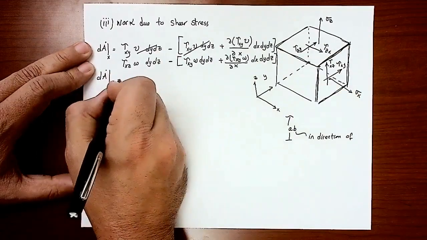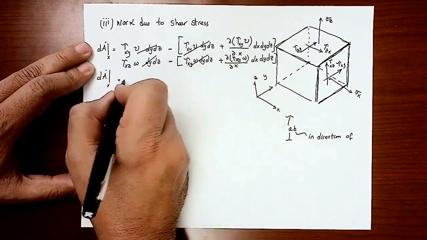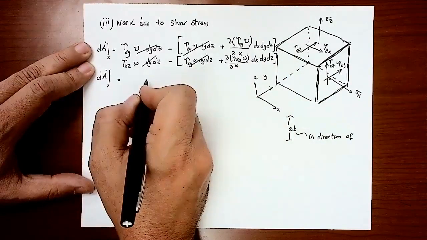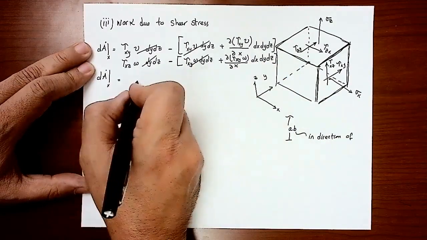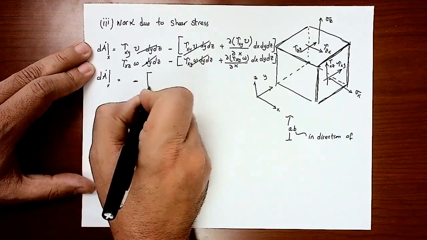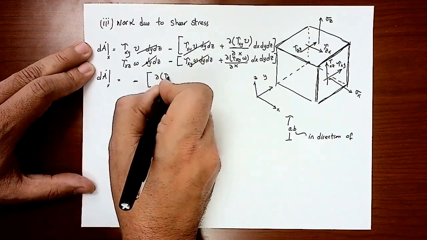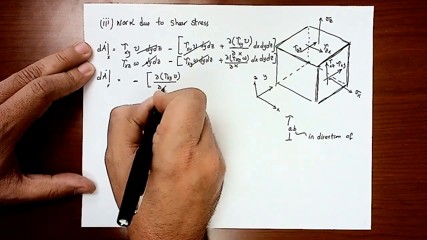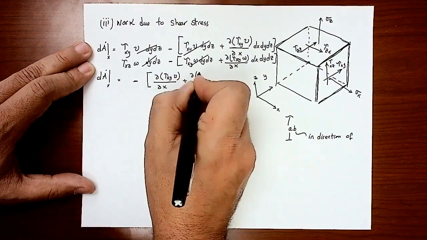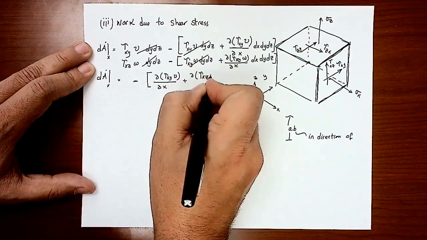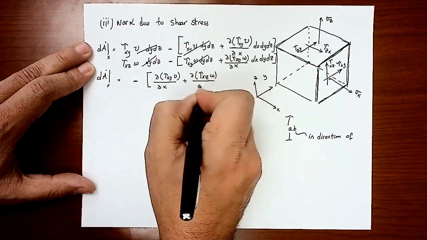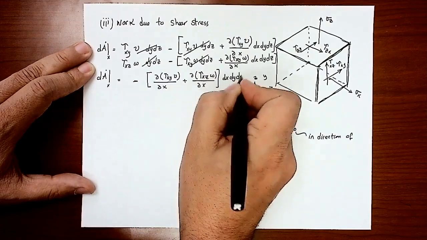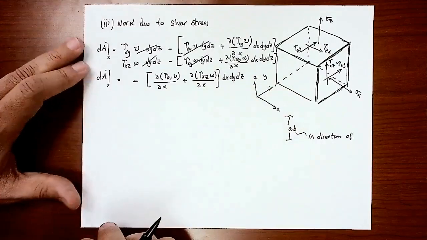So now if I simplify, these terms will cancel out. I will end up having the following here. dy dx dz is a common factor. I'll take the minus out also. I will have partial tau xy times v by partial x plus partial tau xz times w by partial x, and I will have dx dy dz as a common factor.